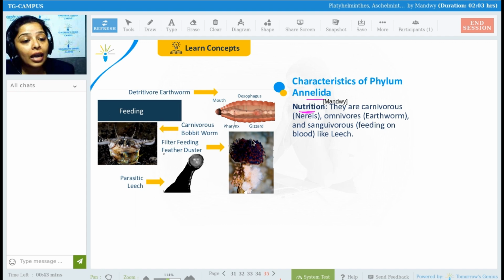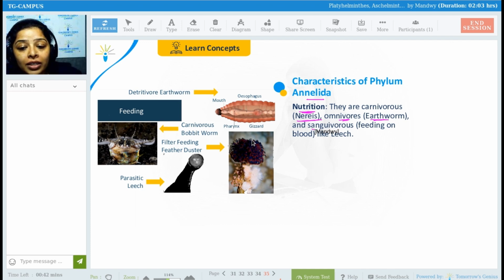The annelids are carnivorous in nature. Nereis are completely carnivorous. Earthworm is omnivorous because they feed on the small insects present in the soil, as well as on plant products, plant parts also.